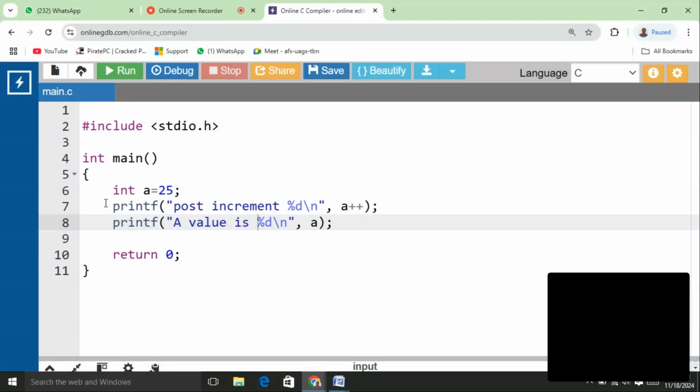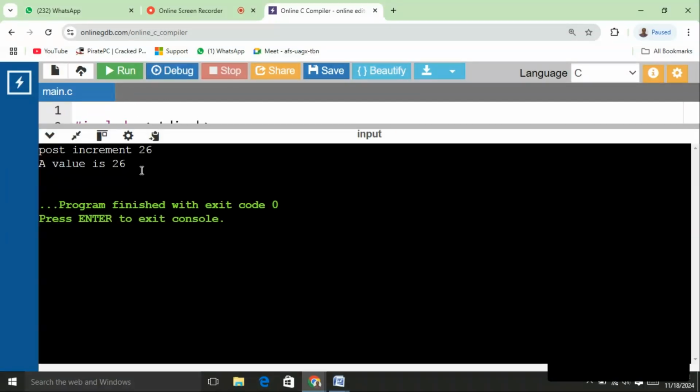For pre-increment, I keep the plus plus before the operand. Now before execution of this statement, printf with ++a, the value of a is incremented. In both statements, the value of a is 26. I run it and you can observe that.